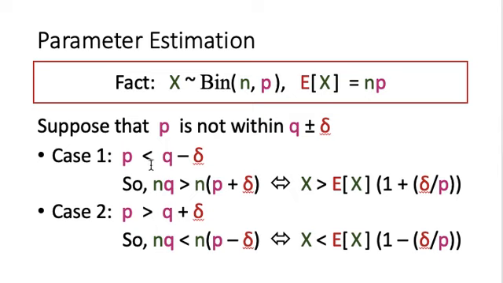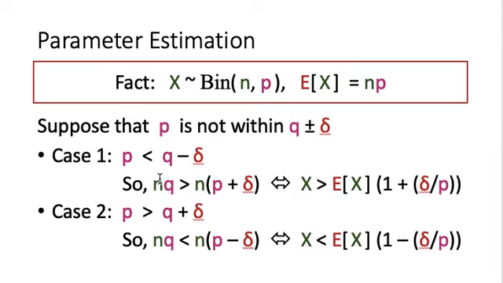Now when p is smaller than q minus delta, then it means that n times q will be greater than n times p plus delta. Now n times q is actually the value of x, although x is a binomial random variable with parameter np, but then x can be expressed as n times q because x over n is equal to q.